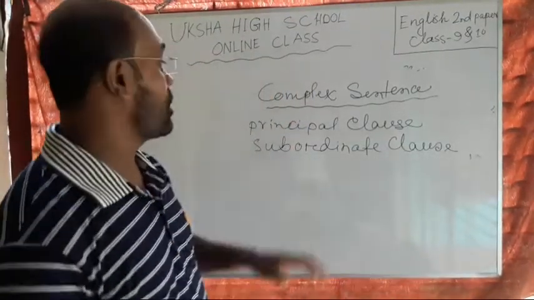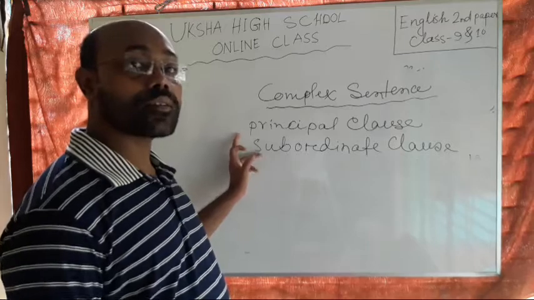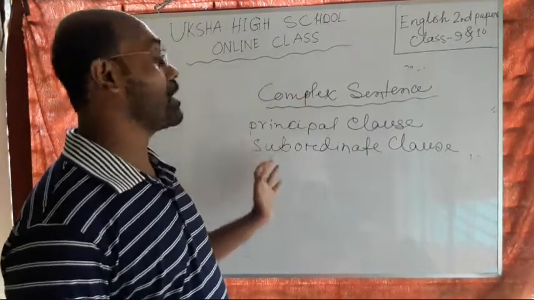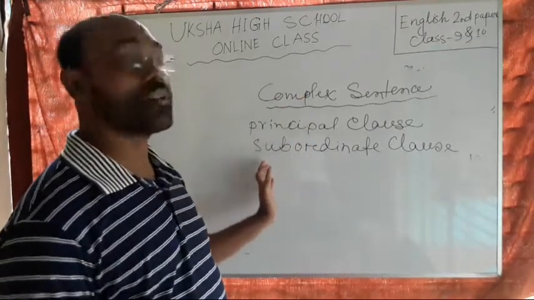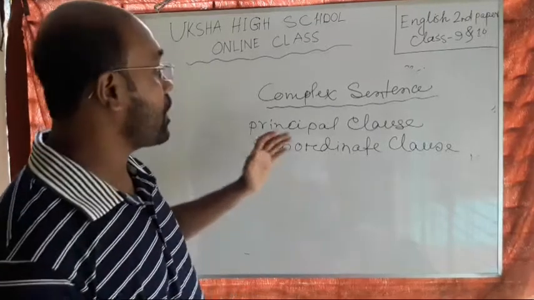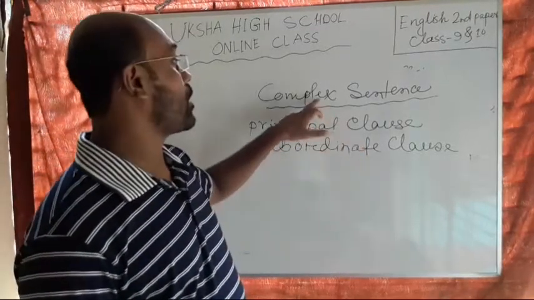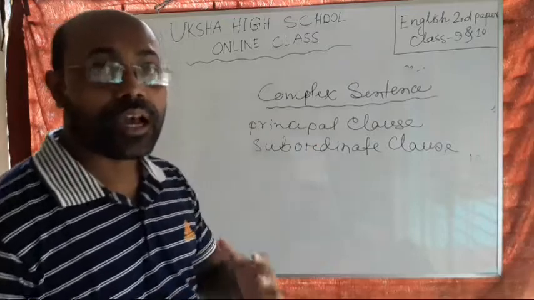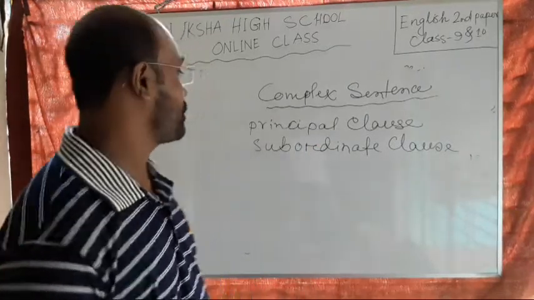When we can see one part of a sentence is a principal clause and another part is a subordinate clause, then we can call it a complex sentence. I am giving some examples.